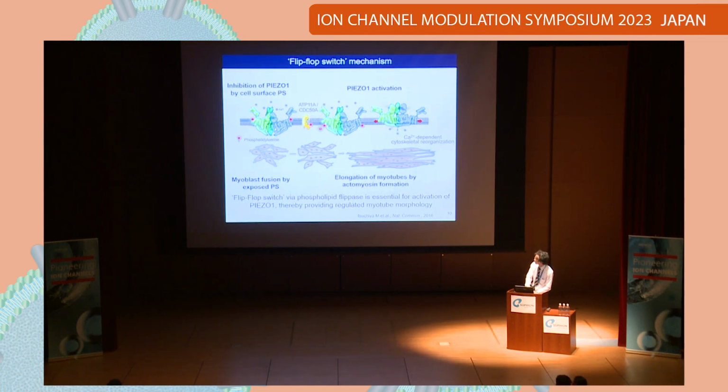After the translocation, PIEZO1 should form the active form that can sense membrane tension, thereby causing calcium influx that is essential for cytoskeletal reorganization, which is essential for morphogenesis of myotubes. So we proposed that the flip-flop switch via phospholipid flippase is essential for activation of PIEZO1, thereby providing regulated myotube morphology.